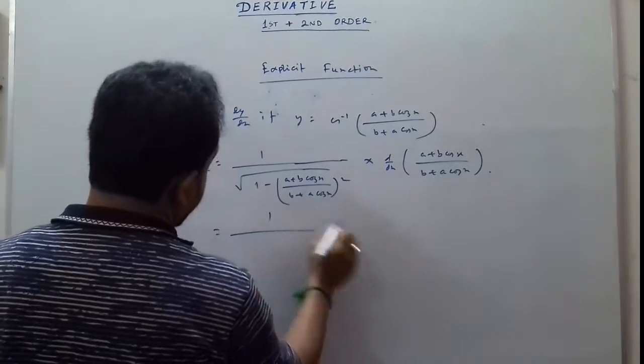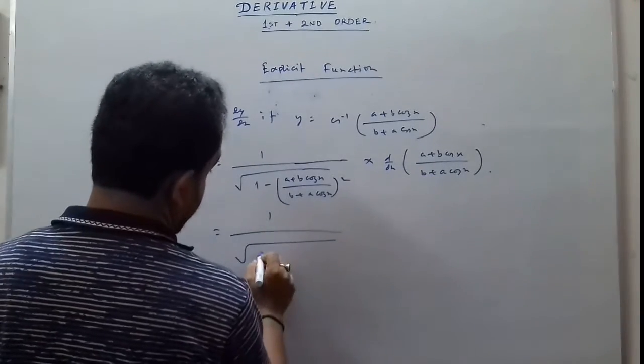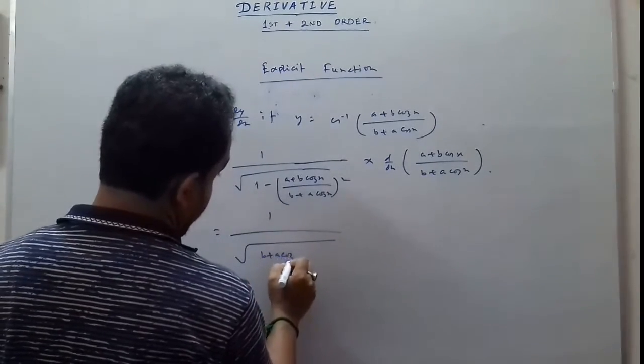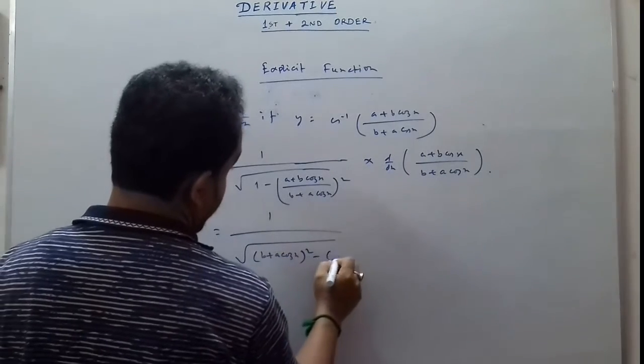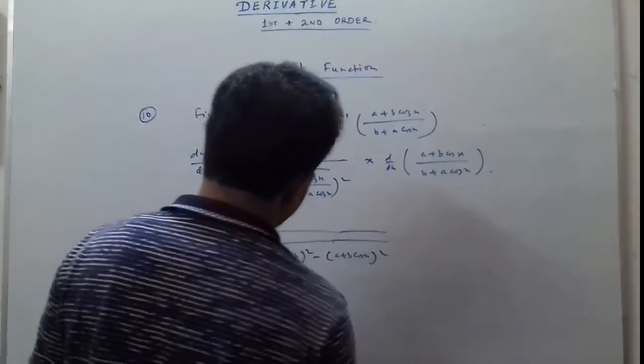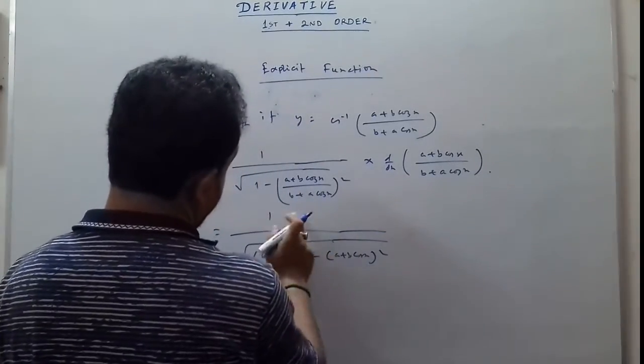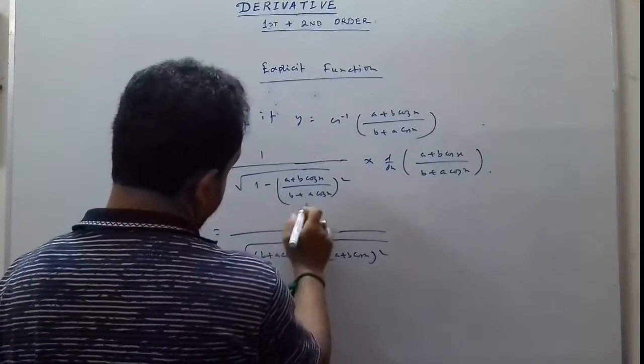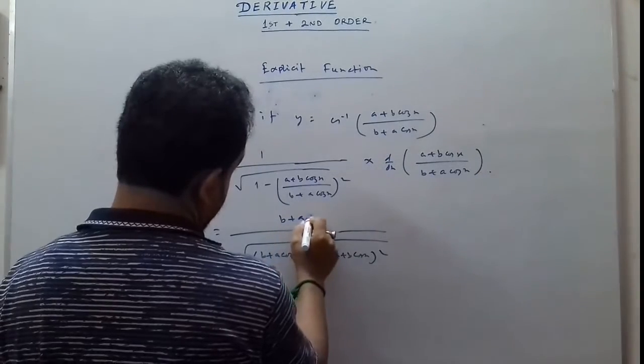Now simplifying this function, we get (b plus a cos x) whole square minus (a plus b cos x) whole square, and from the square root it will cancel, we will get b plus a cos x here.